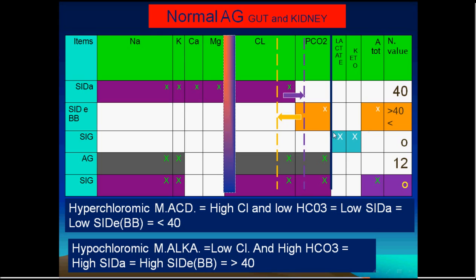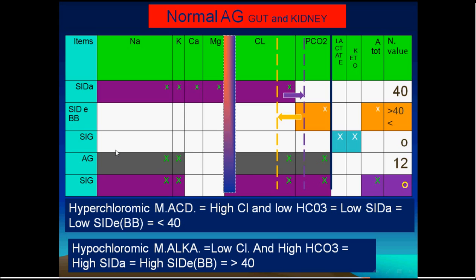This is alkalosis. When you measure the strong ion difference, sodium, which is normal, with decreased chloride, it will be more than 40. This is a hypochloremic metabolic alkalosis from the strong ion differences, and also from the buffer base, which increased.